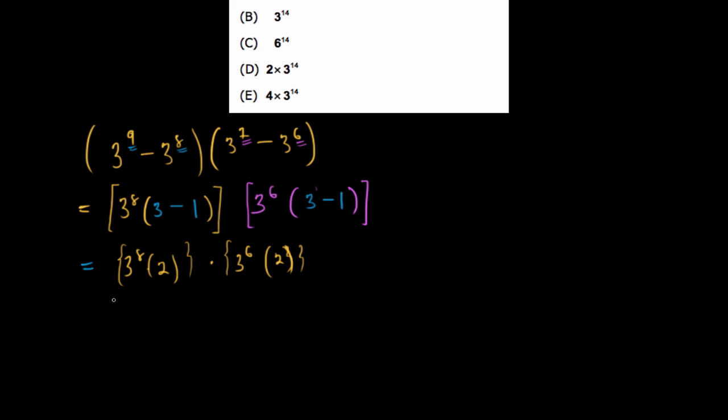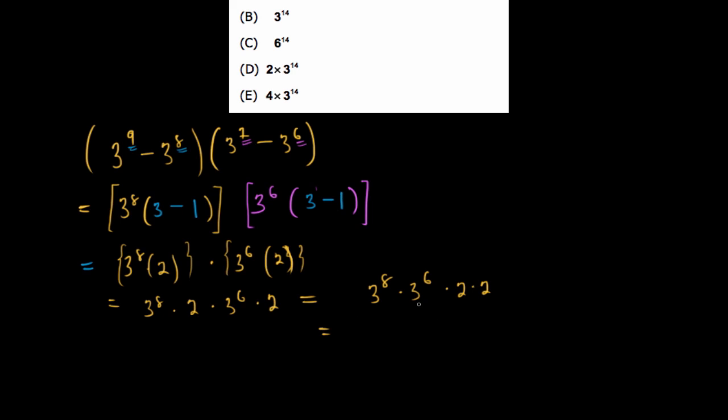This is what you obtain. So this is just the same thing as 3 to the power 8 times 2 times 3 to the power 6 times 2, which is the same thing as 3 to the power 8, and you could just collect like terms, times 3 to the power 6 times 2 times 2.